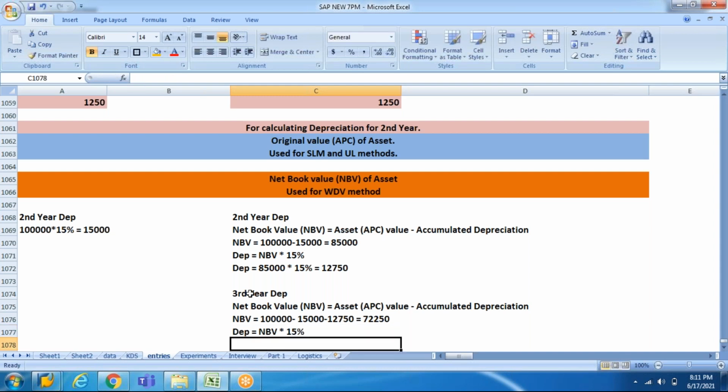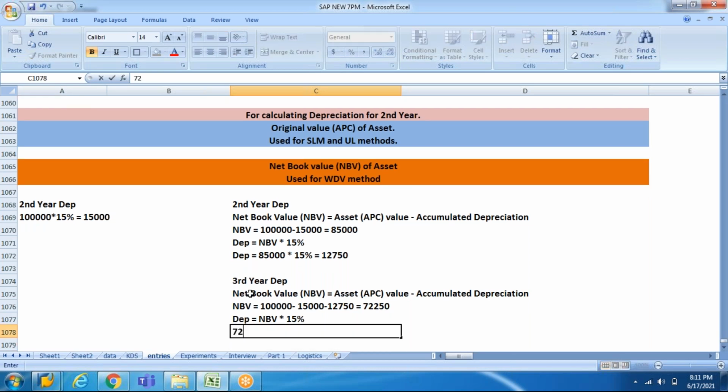All these things are calculated automatically in SAP. You don't have to do all this, but you must know these basics. Only then will you find asset accounting interesting, and you will understand the logic behind asset accounting in SAP, because all these calculations are performed automatically by the SAP system.